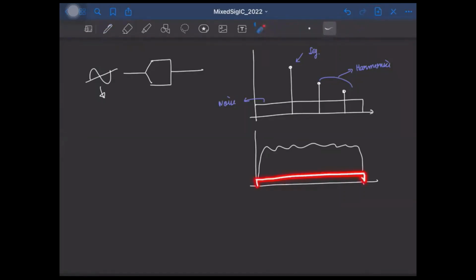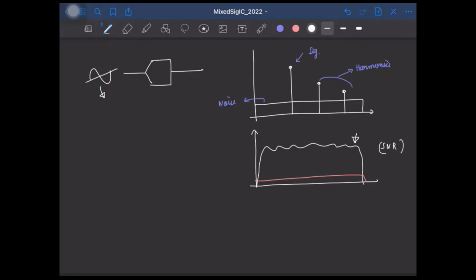So by integrating this spectrum, I'll find the noise power. Then I can apply the signal, integrate the spectrum, find the signal power, and then find the signal to noise ratio. Well, you can do this, but when you apply the signal, you will not be able to distinguish how much the signal is getting distorted. That is, what is the non-linearity added by the ADC, right?